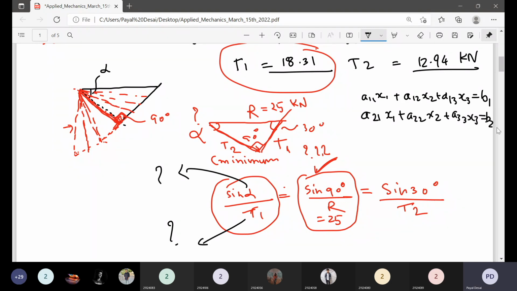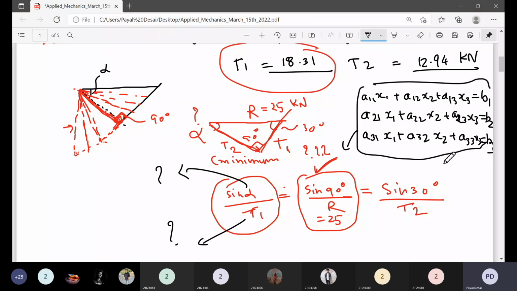Logically, I will try to tell you why there is a correlation between here and that, and in future also we are going to use it. So I'm just trying to explain the simultaneous equations. When I am having n unknowns, I need to have n equations.